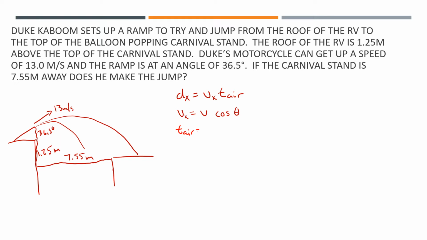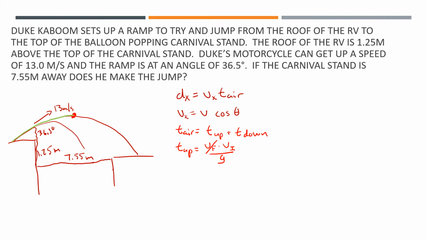So time in the air is going to be equal to the time it takes to go up plus the time it takes to come back down. Okay. Now, on the way up, we've been doing this. We're using our Vf minus Vi over g equation, just like we did in free fall, understanding that when we care about the vertical motion, which is the way up, that final velocity is going to be 0, because we're talking about the peak of the motion, from here to here.